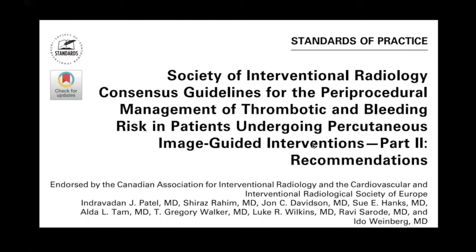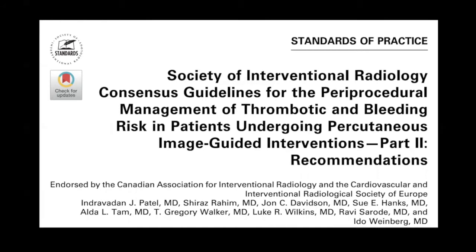Sorry for that. So, as I said, we shared two articles that were published in JVIR in 2019 on the current SIR guidelines on peri-procedural management of thrombotic and bleeding risk in patients undergoing percutaneous image-guided interventions.